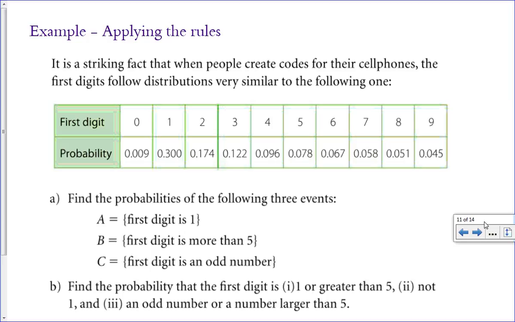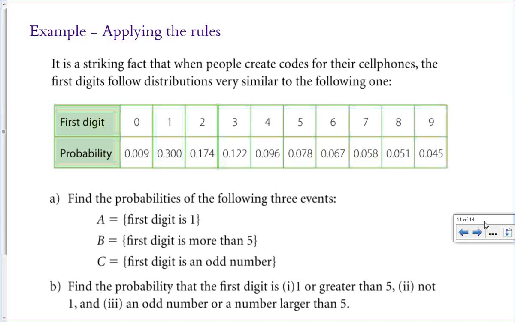Let's see, we've got the probability of being not 1. That's an interesting one because there's a faster way. The probability of being not 1, I could add together the 0, 2, 3, 4, 5, 6, 7, 8, 9, or I can apply the whole notion of the complement. So for here we have not being 1. You could think about this as 1 minus the probability of actually obtaining a 1, right?